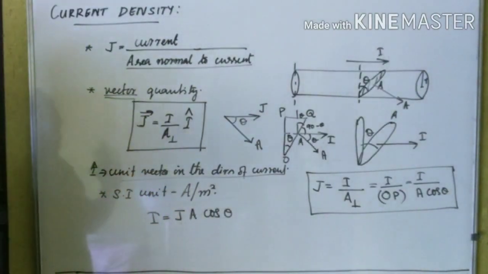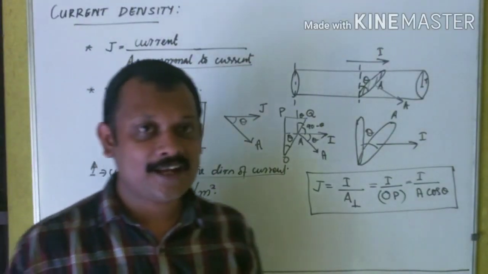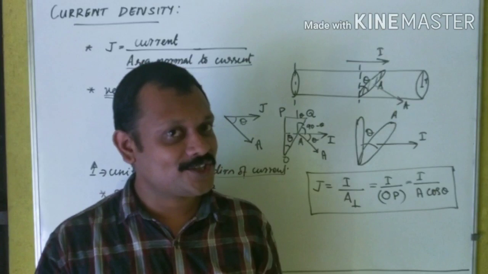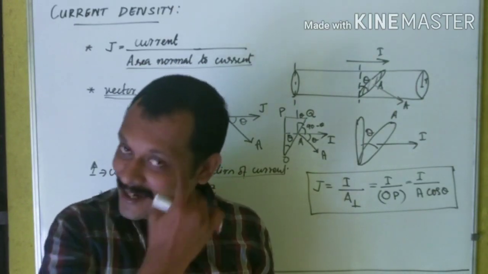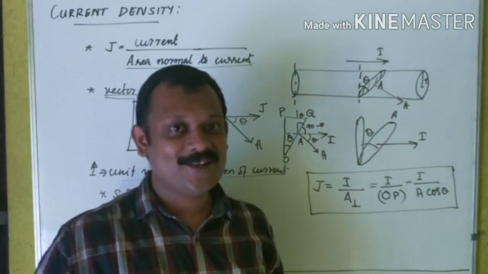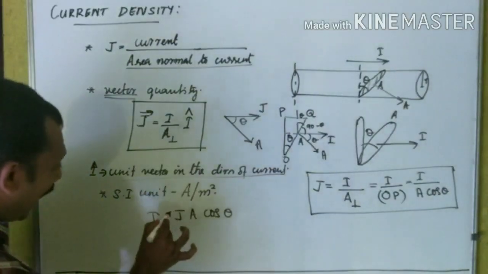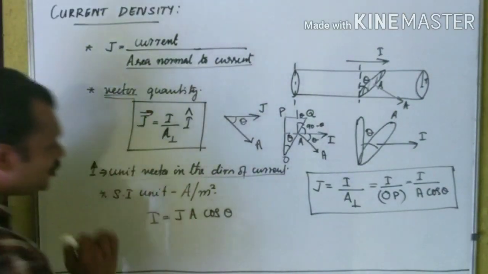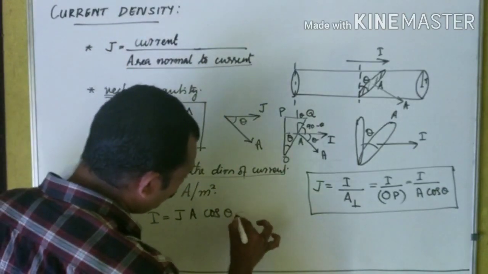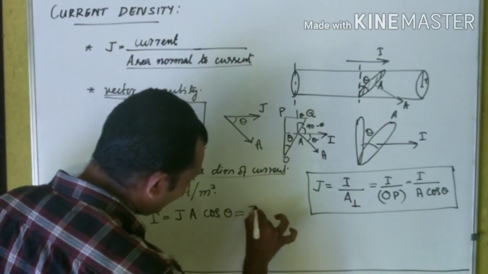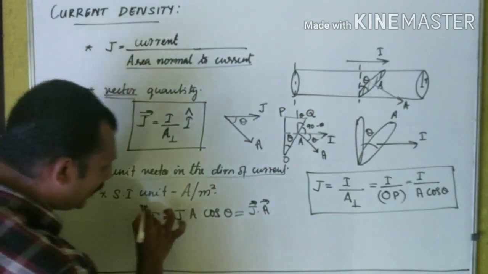This is not at all a new idea for you, because you have learned about this idea in first year, where you have learned that modulus of A into modulus of B into cos theta is equal to A dot B. That means the magnitude of current density into magnitude of area into cos of the angle between the two vectors gives you the answer as J dot A. So mathematically, electric current is a scalar product of current density and area.